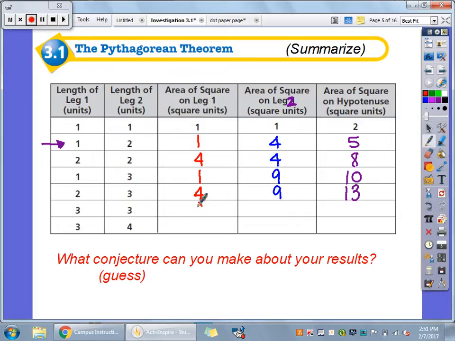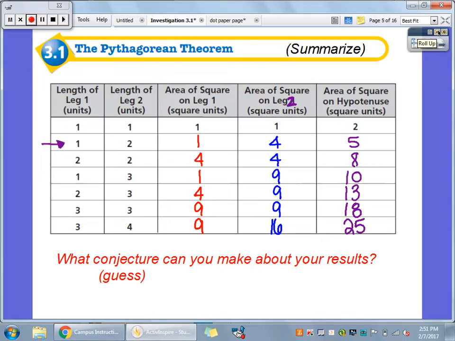For the next one, you should have gotten an area of 9, an area of 9, and an area of 18. And again, for the last one, you should have gotten an area of 9, an area of 16, and an area of 25.